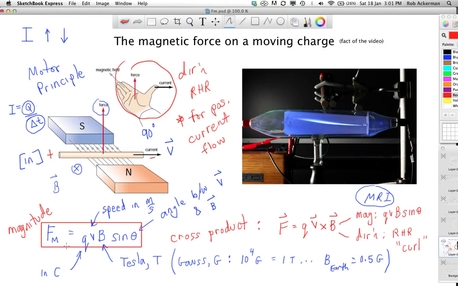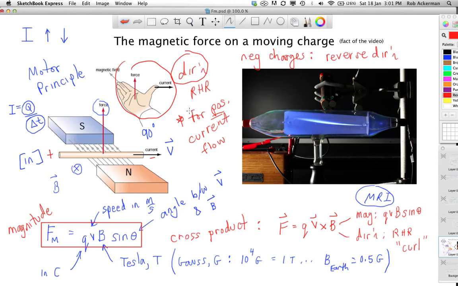All right? So when you are doing the direction here, you better be very careful to notice that this is for positive flow. If you're dealing with negative charges, you're still going to use QVB sine theta. However, you are going to reverse the direction of the force that you get when you do the right-hand rule.